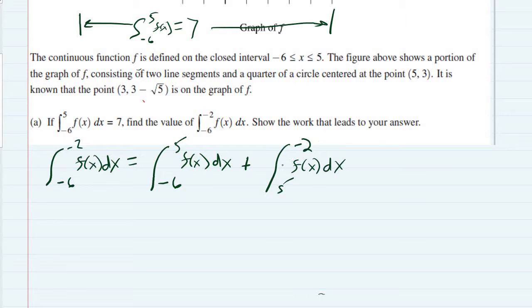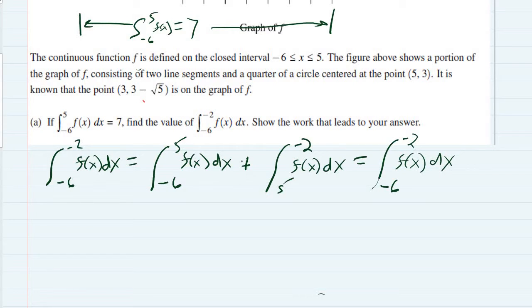Because one of the properties that we learned about definite integrals is that if I integrate from a value to another value and I pick up at that value and go to a new value, the net result would just be from -6 to -2 of f of x dx.